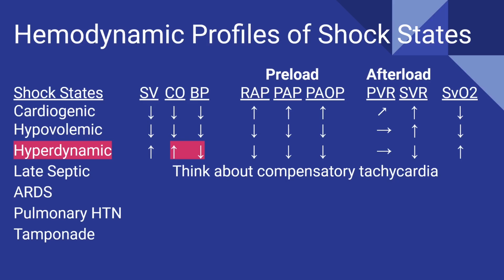And so you get this very low systemic vascular resistance over here. So you get a low afterload, which is going to lower your blood pressure. Now, you may still have an adequate stroke volume and an adequate compensatory tachycardia, which is why you still get somewhat normal or high cardiac output, because your heart is beating a lot faster, but your blood pressure is still low because you have a low afterload.